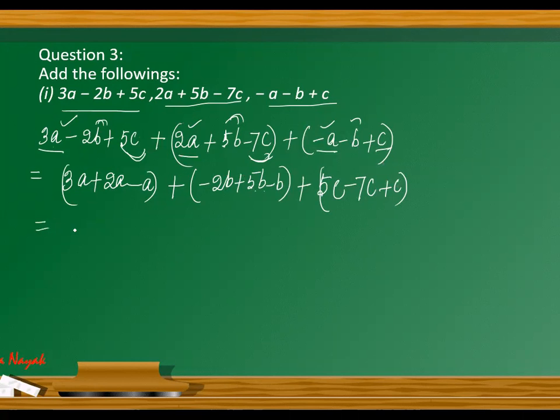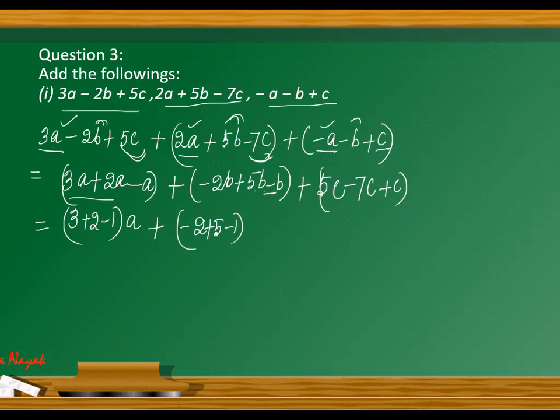Then simplify. So 3 plus 2 minus 1 a. You can write directly now. You can count 3a plus 2a 5a plus a minus a. It will be 4a. Here it will be minus 2 plus 5 minus 1.